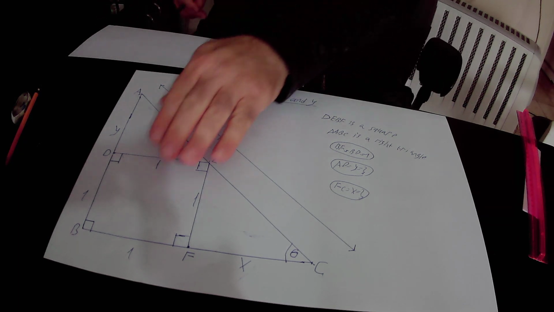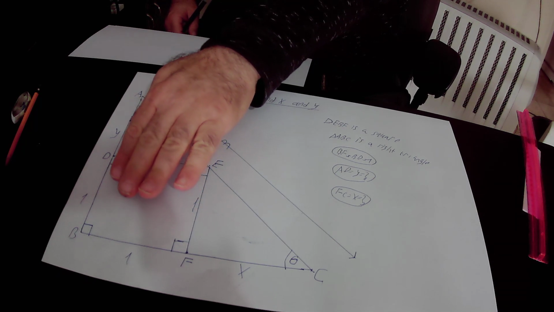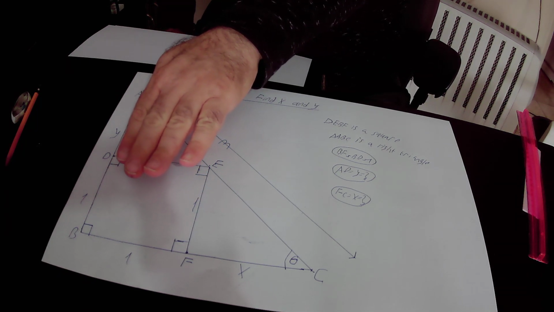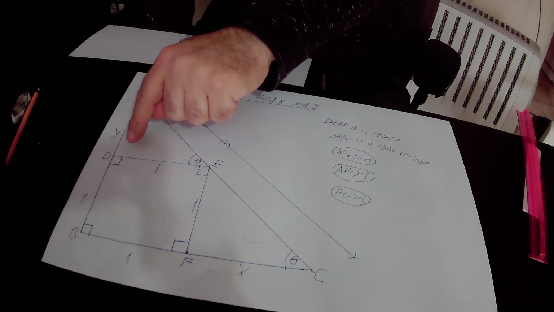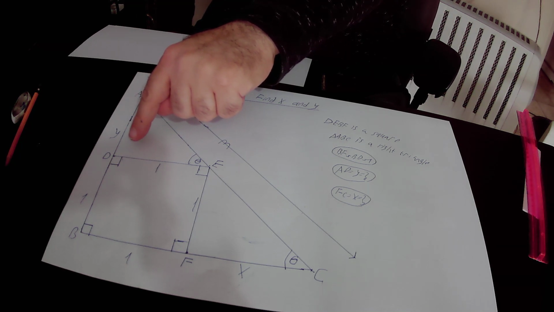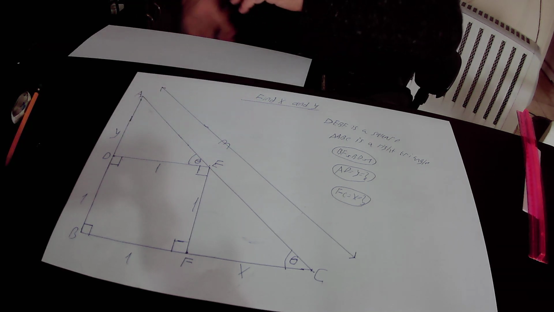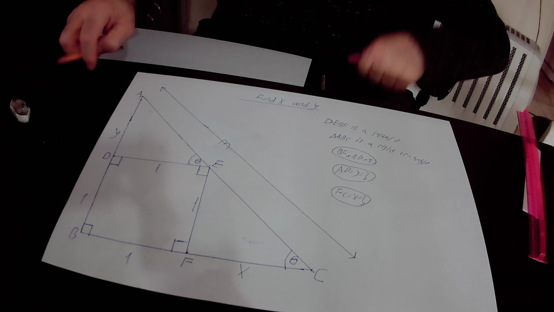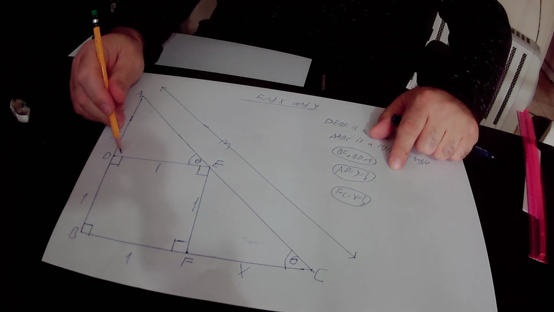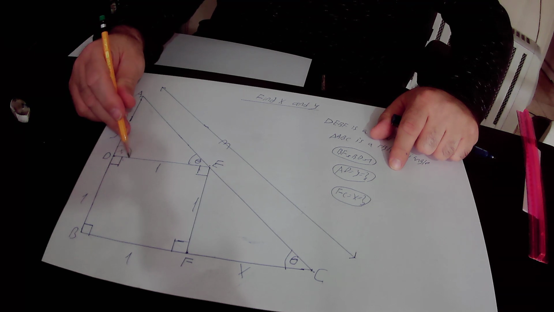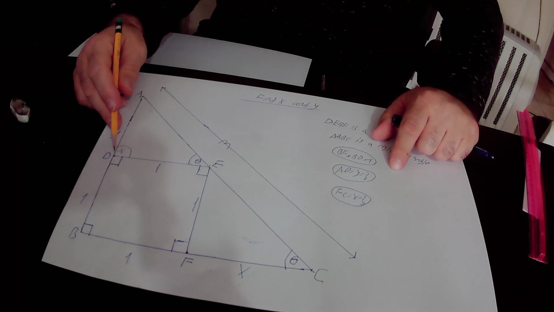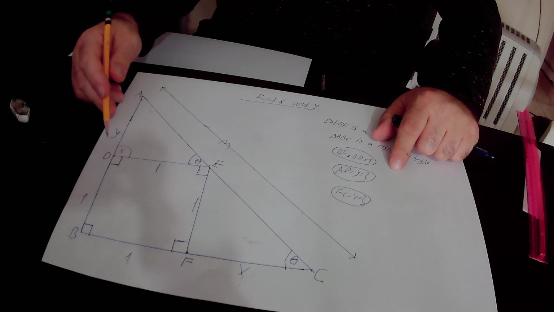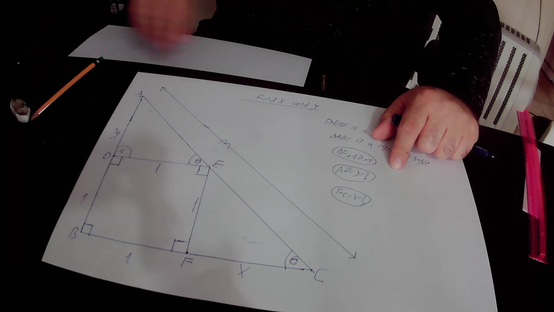So if we focus on this side of the straight line AB at point D, then the sum of the angles must be equal to 180 degrees. And if we define angle ADE as angle X, then angle X plus this angle that is 90 degrees must be equal to 180 degrees according to rule number 2.